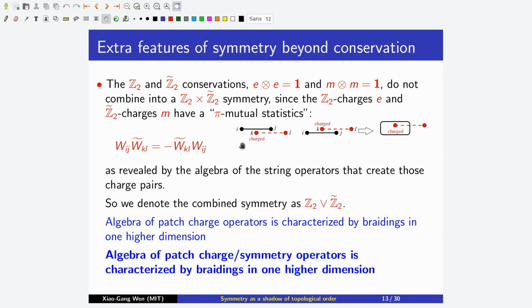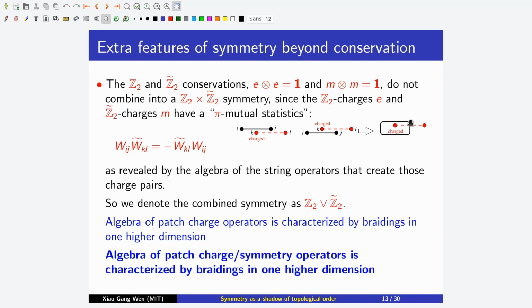That is, we view different order of the operator algebra as different time order. We view this vertical direction as the time direction. So different order for operators is like a time order. And then these two ends can fuse together to form a loop. So almost like one charge braids another charge. It's like a braiding. So we view this kind of operator algebra as a braiding for mutual statistics.